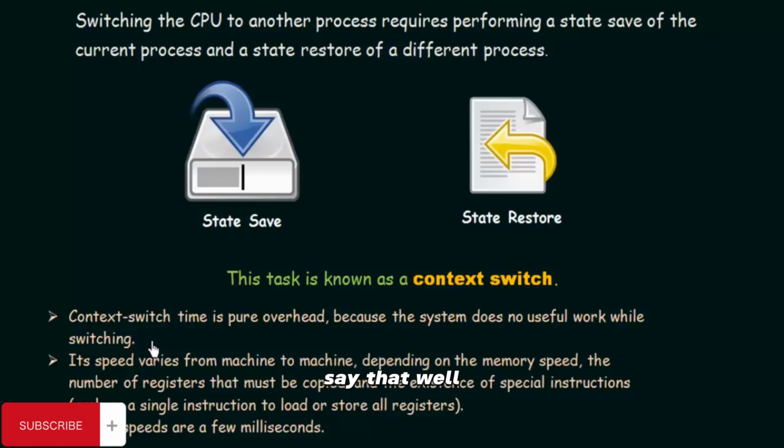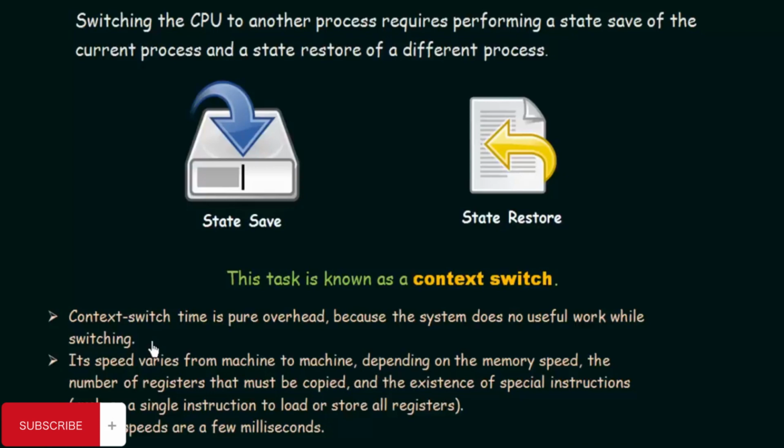But you may say that context switching itself is a useful task. Yes, it is. We need to have context switching, and it has to be performed. But when we discussed the objectives of multiprogramming and time sharing, we saw that our main objective is to have some process running at all times so that we can maximize the utilization of our CPU, and hence make efficient utilization of our resources.